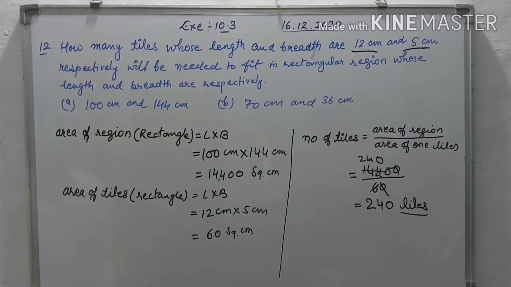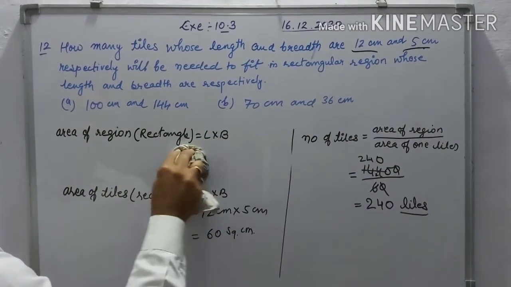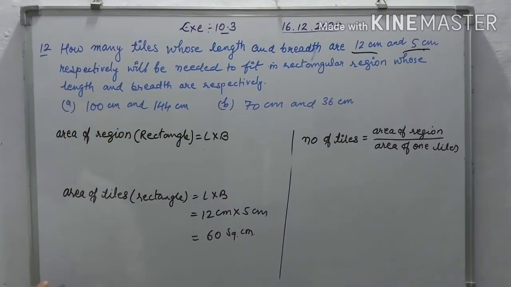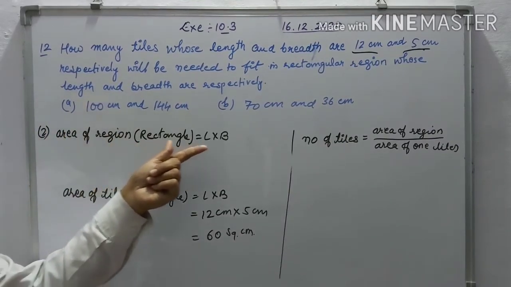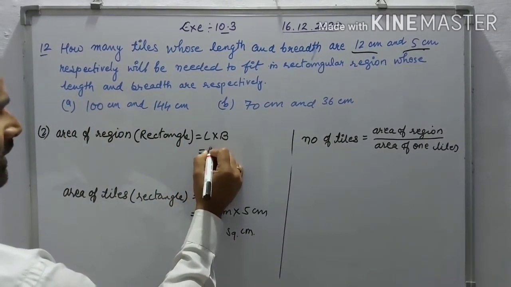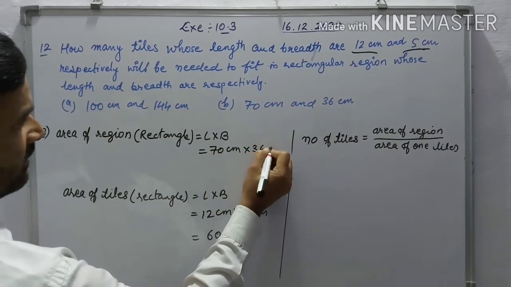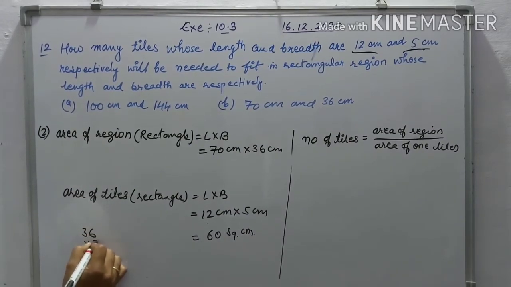Okay, now in the second part only something changes. In the second part, first you find the area of the rectangle, length into breadth. Here the length is 70 centimeters into 36 centimeters. Now multiply 70 and 36, first put the 0, then 42, 4 and 25.